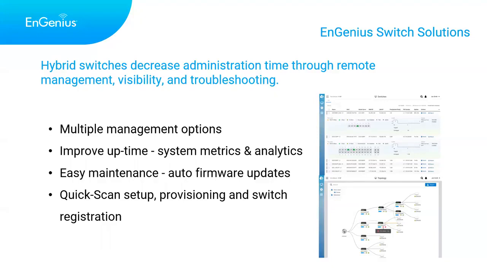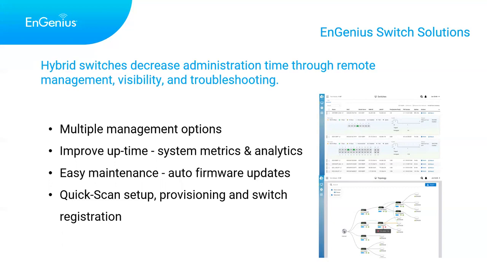It does not have to be an EnGenius network, and it doesn't have to be managed by EnGenius's cloud or on-premise management system. They can act as a normal switch in any environment. It could be a Cisco environment, it could be an HP environment, for example. These switches will go into those different scenarios, no problem.